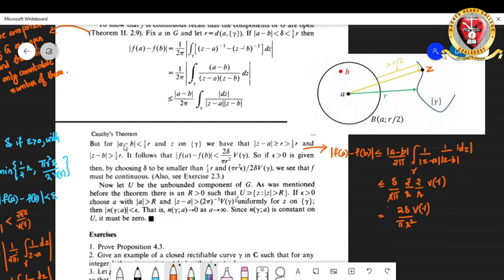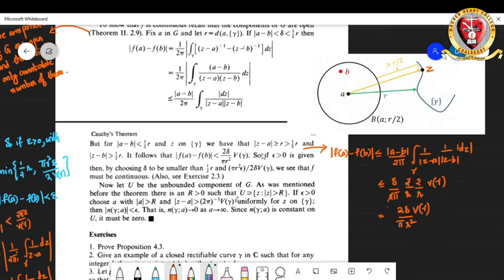But we know that modulus of a minus b is strictly less than r by 2, as we said earlier, and z happens to be on gamma.